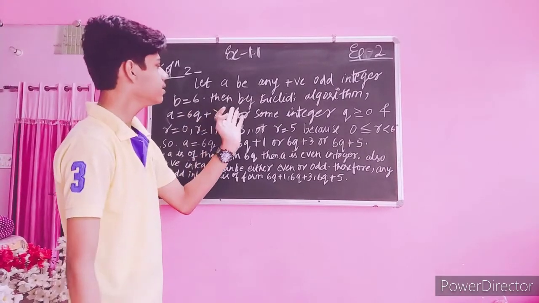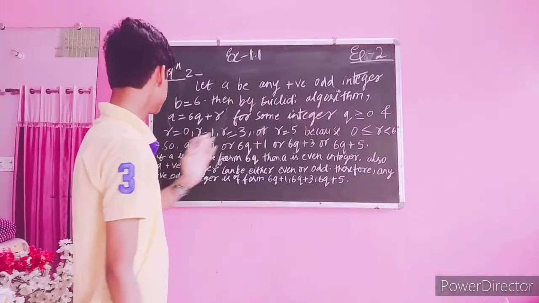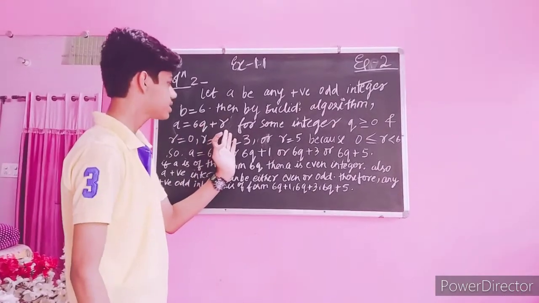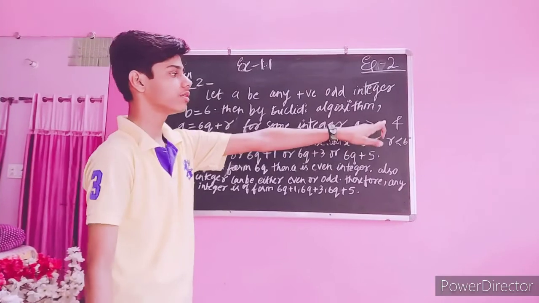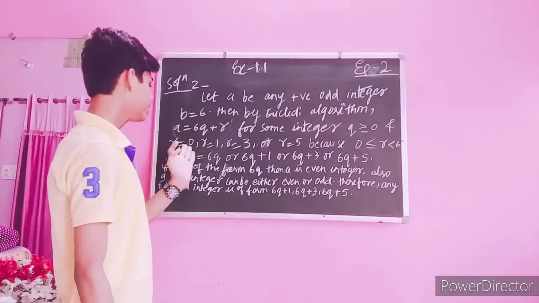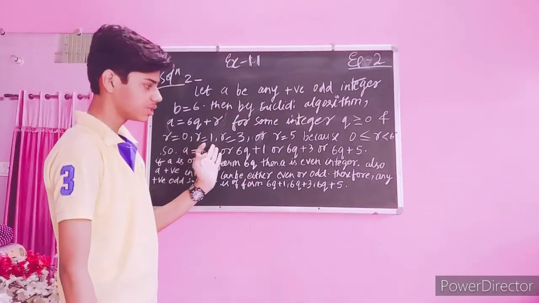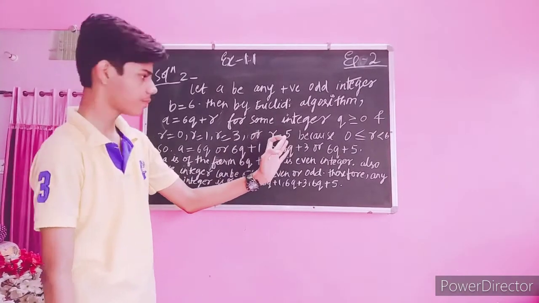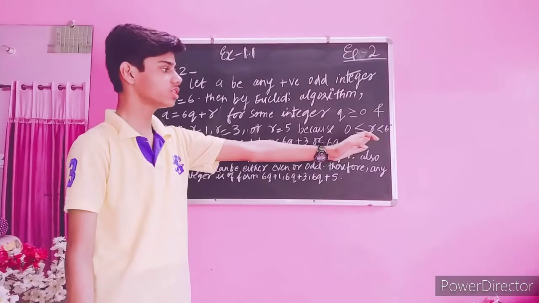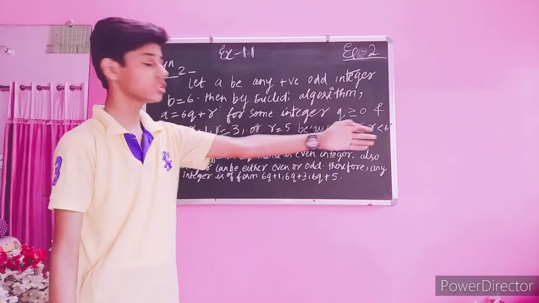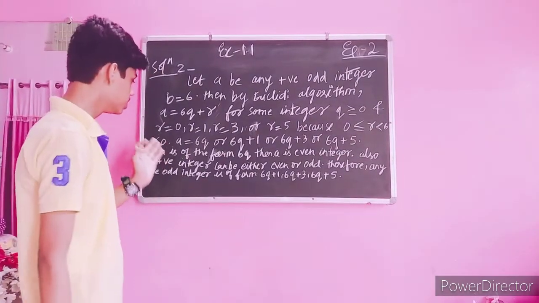Then by Euclid's algorithm, A is equal to 6q plus R for some integer q greater than or equal to 0, and R is equal to 0, 1, 2, 3, 4 or 5, because 0 is smaller than or equal to R and R is smaller than 6.